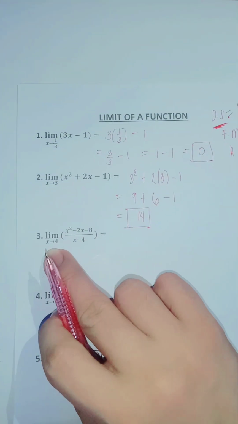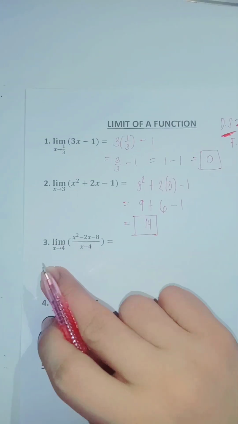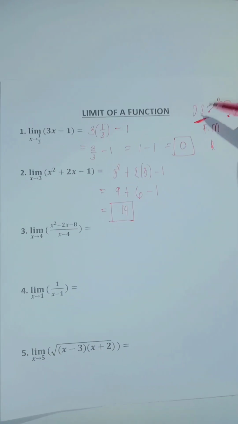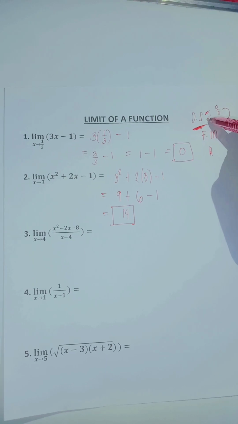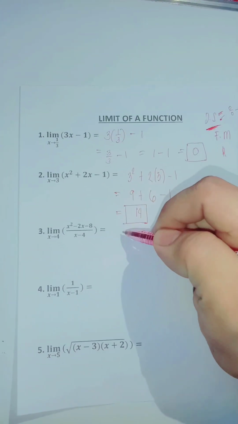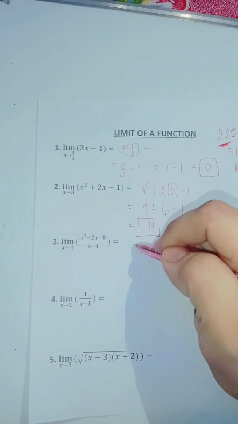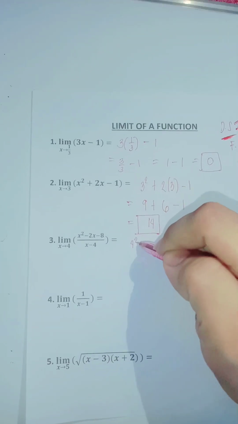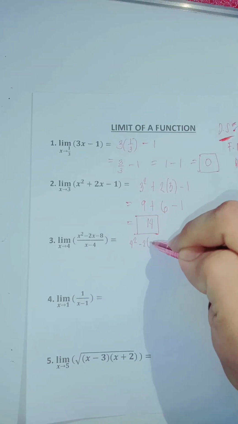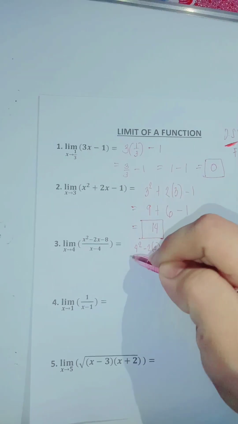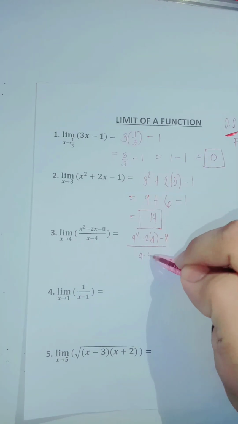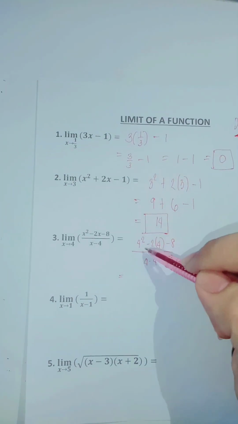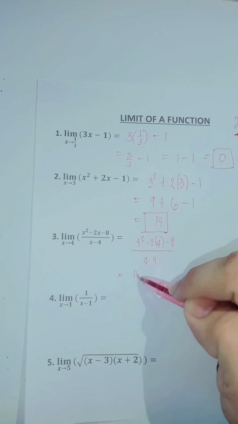Let's say for example, in number 3, limit of this function as x approaches to 4. Kunin natin yung limit gamit yung direct substitution muna. So lahat ng x magiging 4. The function becomes 4 squared minus 2 times 4 minus 8 over 4 minus 4. And then simplify. 4 squared is 16.